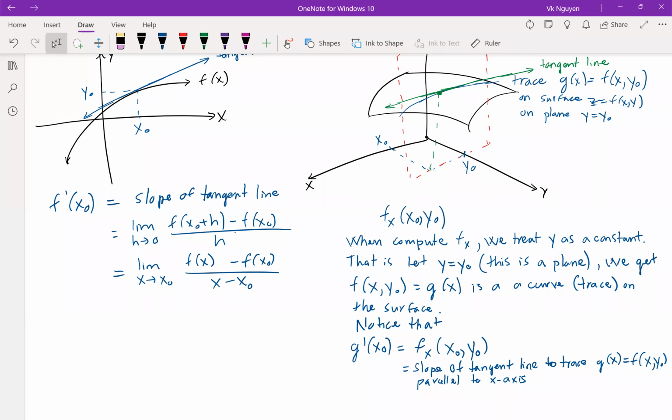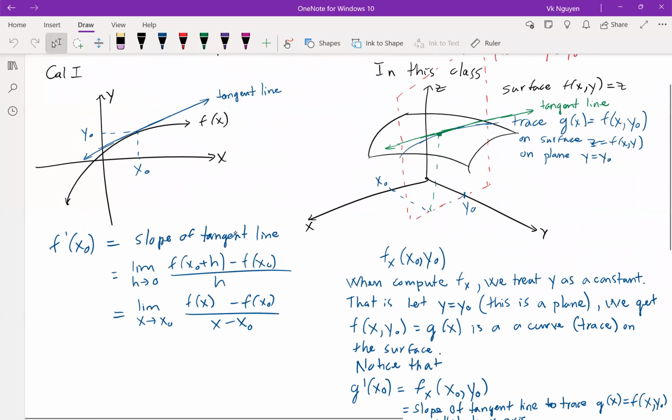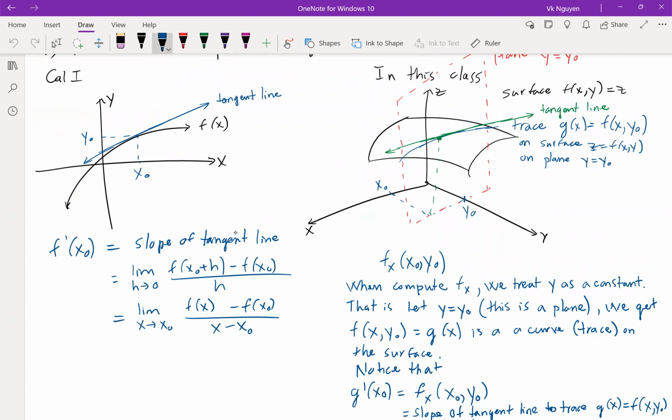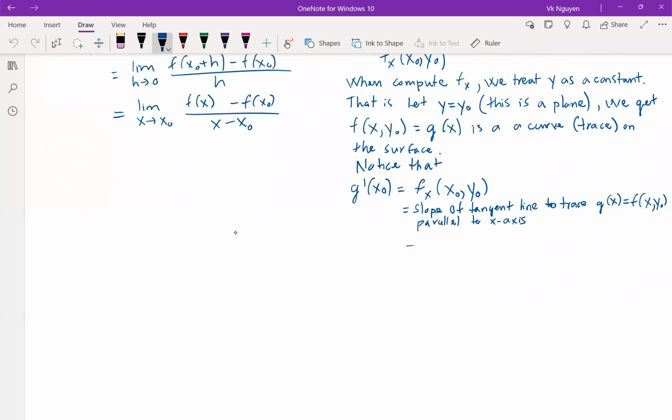If it's with respect to y, then it's going to be parallel to the y-axis, right? We're going to be using this formula to get the equation of the tangent plane, because when we have two tangent lines, they will create a tangent plane. So we need to do more.